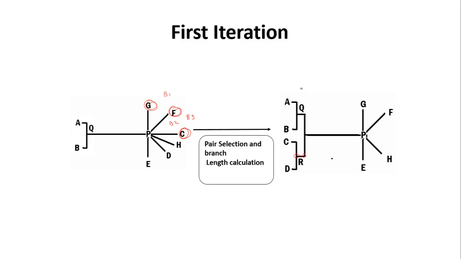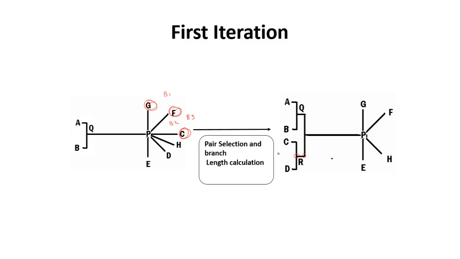So in this way you would go on iterating this step of pair selection and branch length calculation and select which pair has the lowest branch length. In the first iteration you have identified one pair of sequences that would remain final, or you can say the final neighbors in your phylogenetic tree.